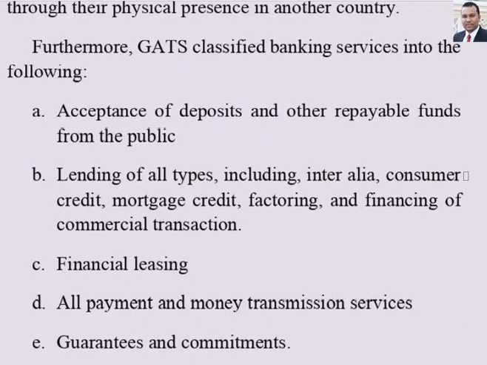Another point is the classification of services in GATS. In general, in GATS we talk about sectors. How many sectors? 12 sectors in the case of GATS. So GATS classified services into 12 main, or general, sectors.